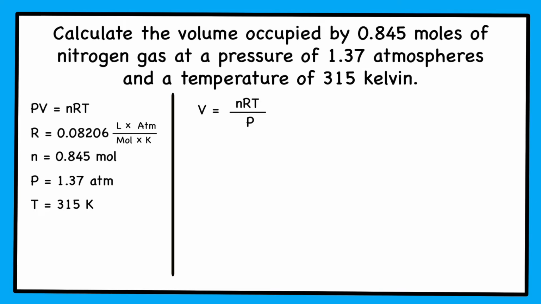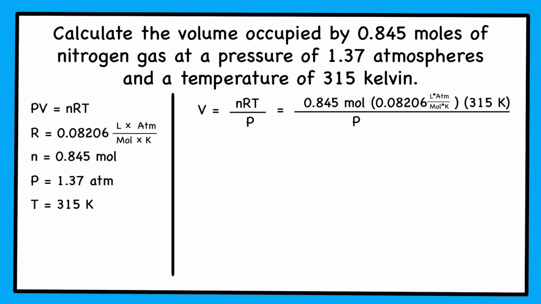Now my last step is to plug into the equation, so it should read V equals 0.845 moles times 0.08206 liter atmospheres over moles Kelvin multiplied by 315 Kelvin. All this is going to be divided by 1.37 atmospheres, or the pressure. Once I plug all these in, do the math, calculate it out, our gas is going to occupy 15.9 liters.